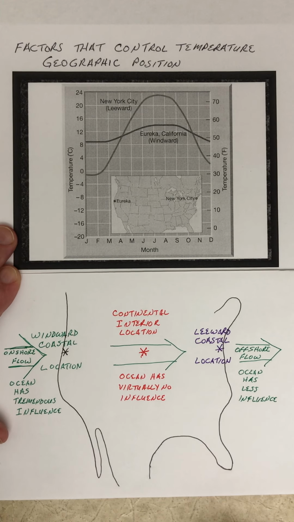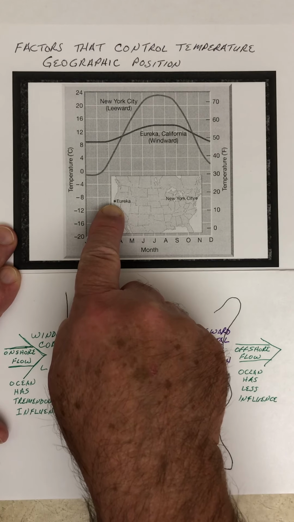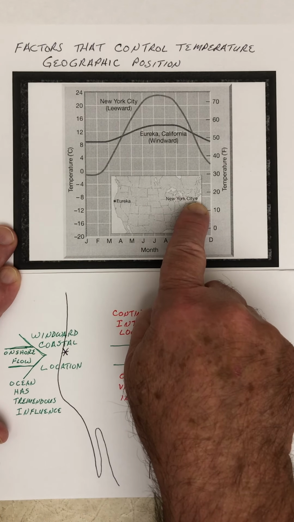When we look at their temperatures throughout the course of the year, it's going to be mainly the influence of their geographic position, being a windward coastal location in terms of Eureka, and a leeward coastal location in terms of New York.